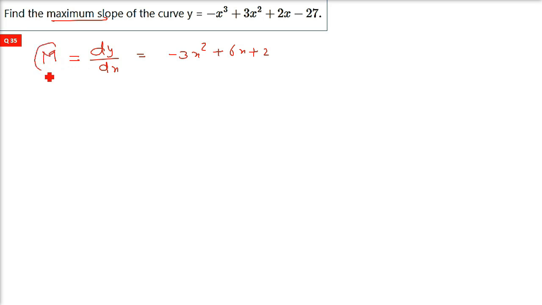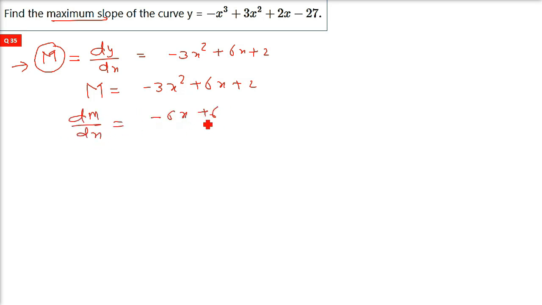So this variable which I have written here, which is m, is the actual equation to start with. We are not starting with y equals negative x cube like that. Actually, we have to start with negative 3x square plus 6x plus 2. This is the slope. Now you have to differentiate this. You are differentiating the slope which is asked in the question.